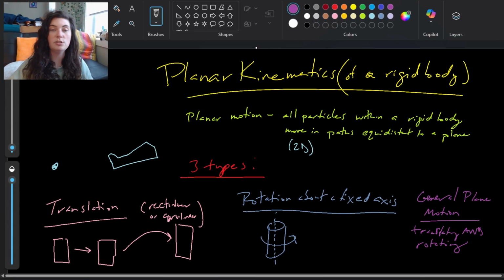So general plane motion is a combination of our translation and our rotation. Each of these is going to get its own video, its own overview, with its own rules of how we treat each scenario. In this one, we'll go ahead and introduce our translation and how we deal with that.